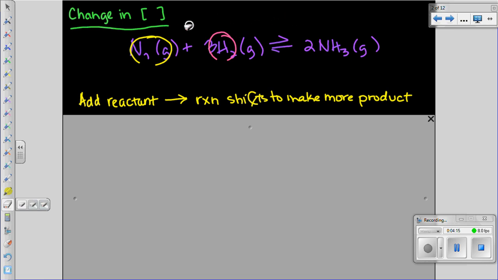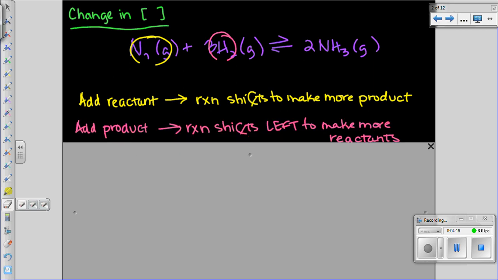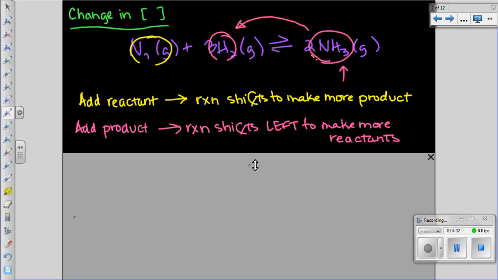Let's say we're going to add a product instead. So in this case, we're going to increase the amount of ammonia. What that's doing is stressing our products. So the reaction is going to shift left to make more reactants. So those are 2 directions that the reaction might shift depending on your stress.